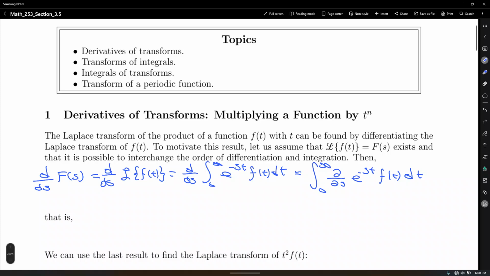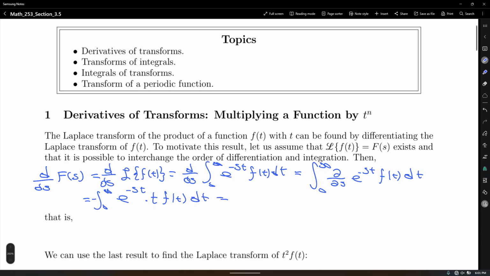We're differentiating with respect to s, so t is constant, and the partial derivative of the exponential is itself times negative t. That is the integral from 0 to infinity of negative t, e to the negative st, f of t, dt.